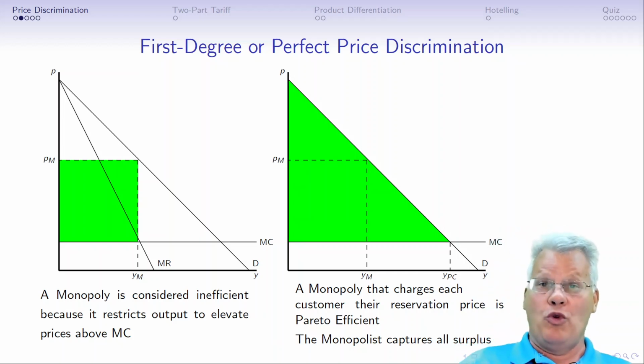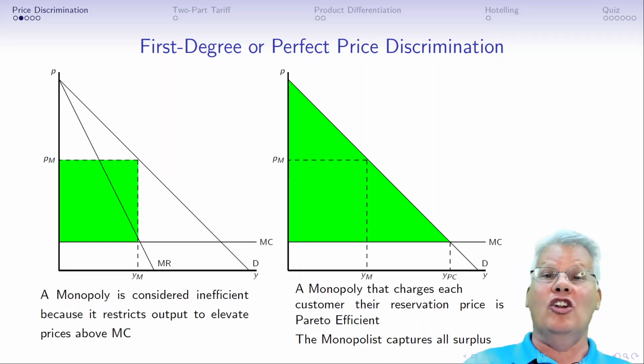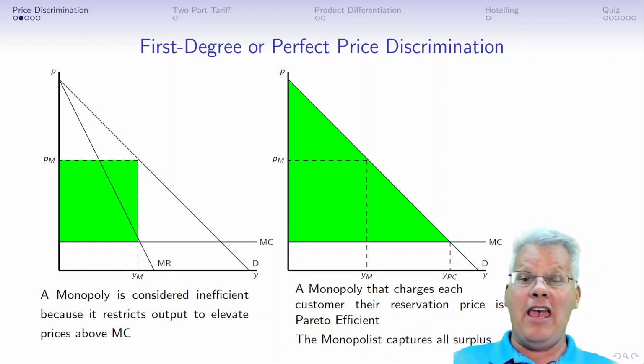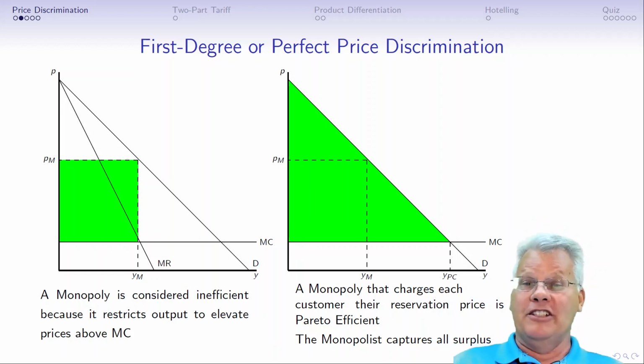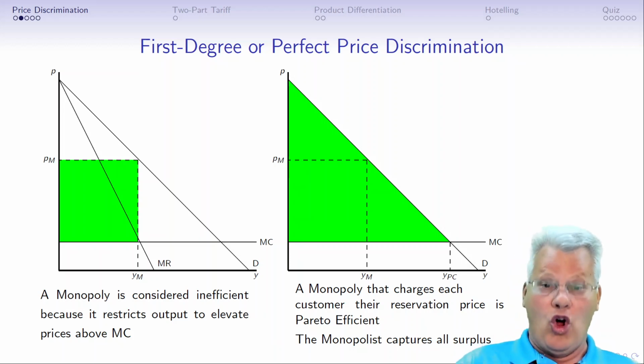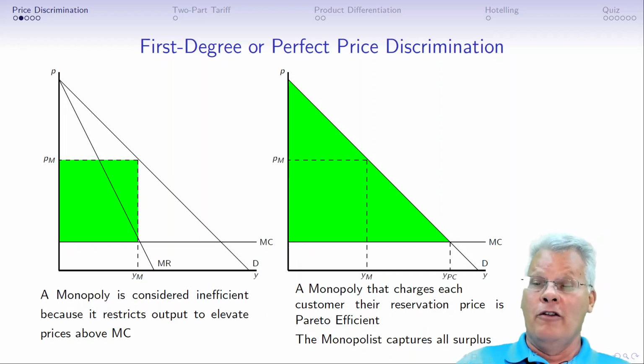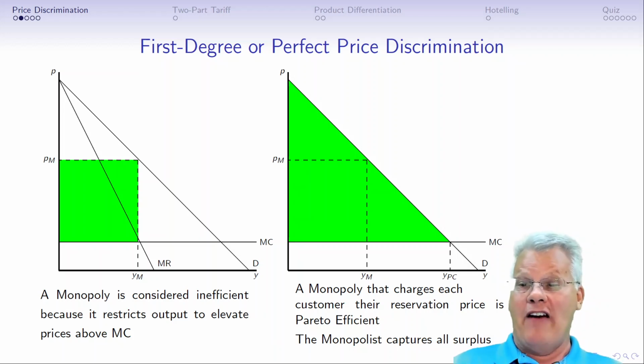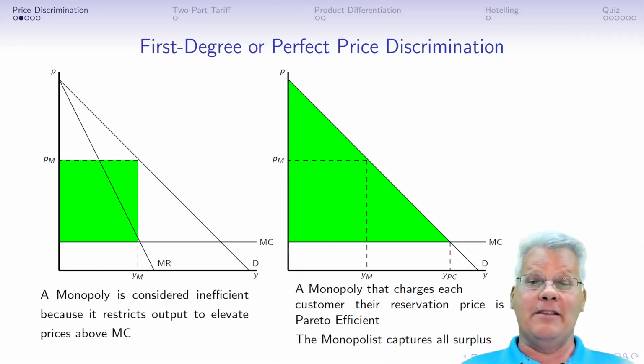If the monopolist were able to make a separate deal with each customer and charge them their maximum willingness to pay, we would get the monopolist producer surplus looking like it does on the right with the large green triangle, versus producer surplus that we see on the left where we have a square, where the monopolist charges a single price P sub M to each consumer and sells the quantity Y sub M.